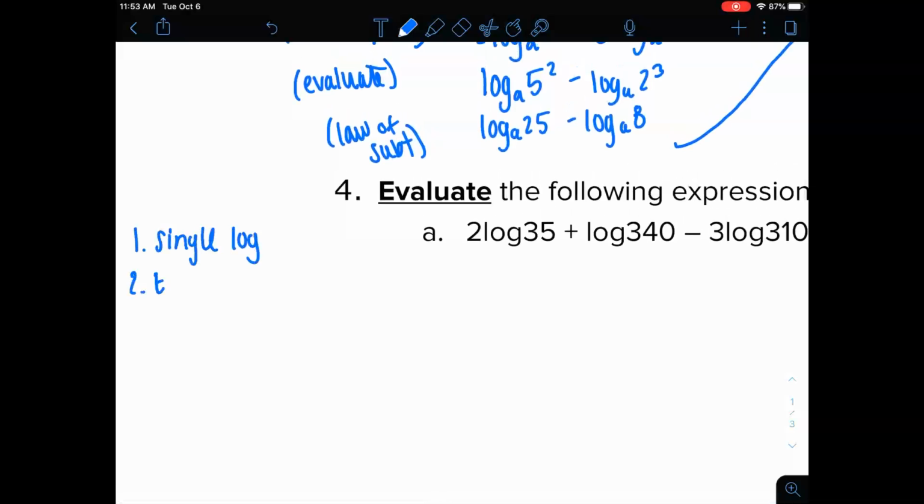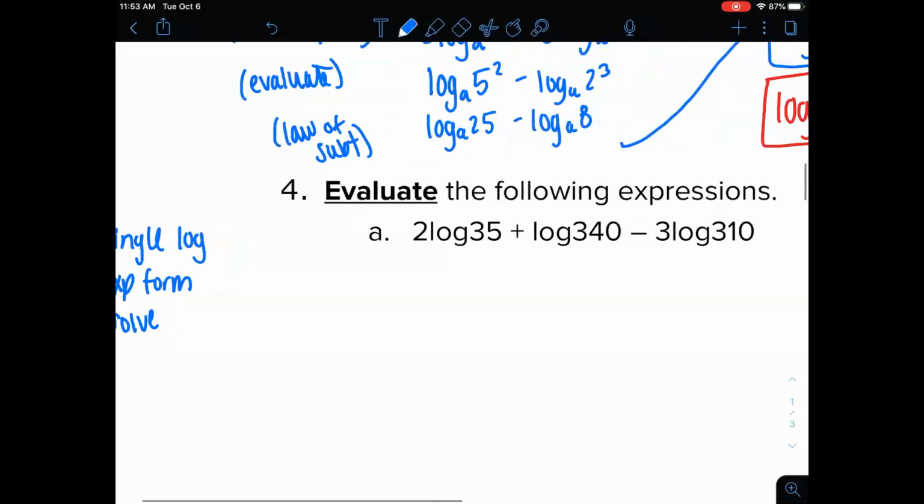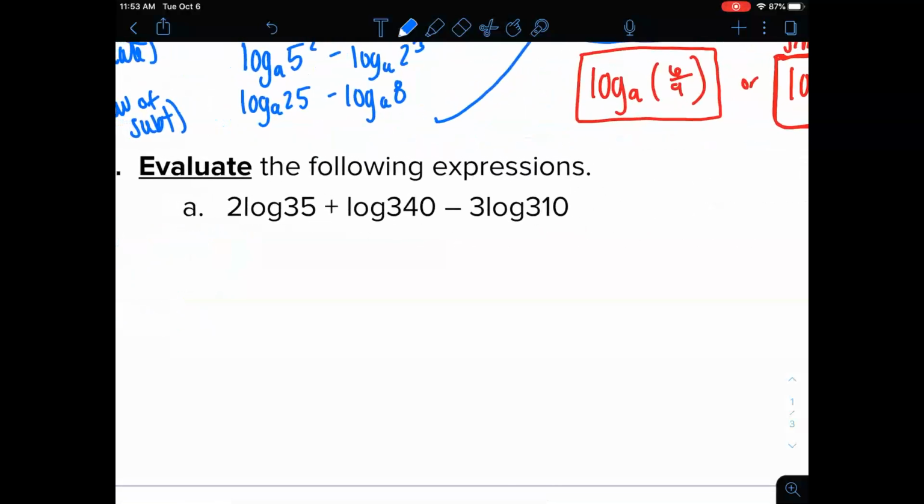Then we're going to rewrite as exponential form, and solve. Because essentially what we're saying is this is equal to what? When we're asking to evaluate, we're asking to actually plug in and get a value for it.